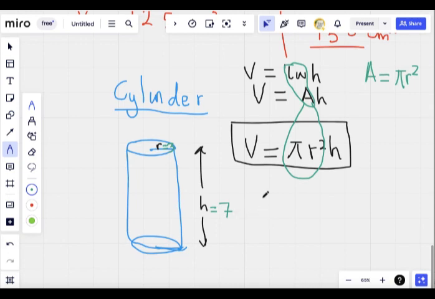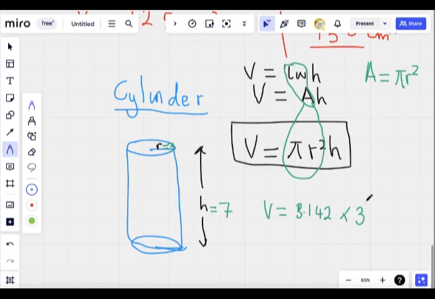So the volume, like we said, is pi r squared times height. So for pi, we can take 3.14 or 3.142, times the radius, which is 3. Remember, we're going to square the 3, because of this formula, r squared.